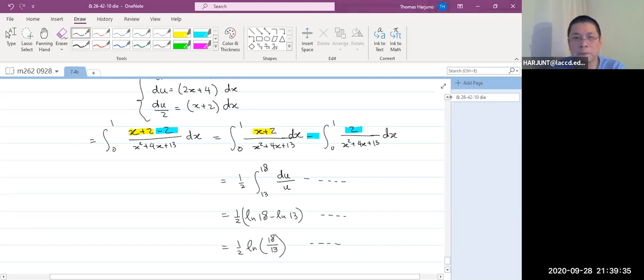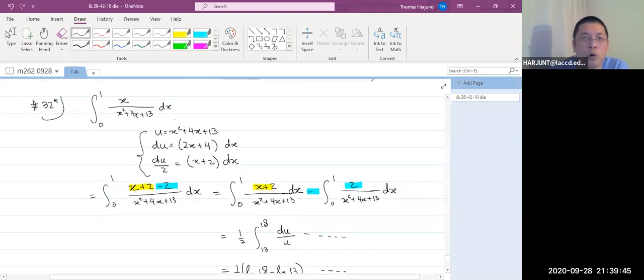You see that? So basically, here's what happened. I saw that the derivative of x squared gives me 2x, and the derivative of 4x gives me constant 4.